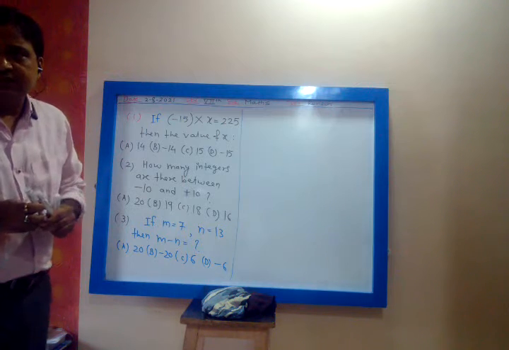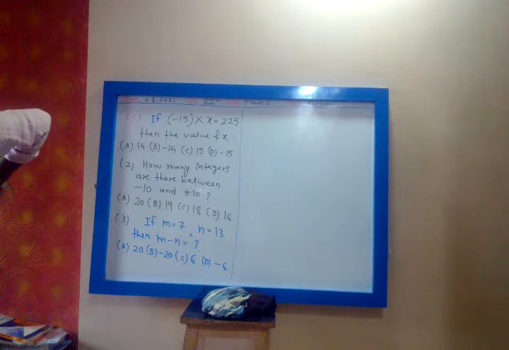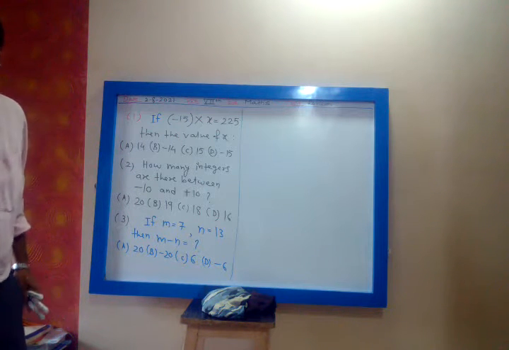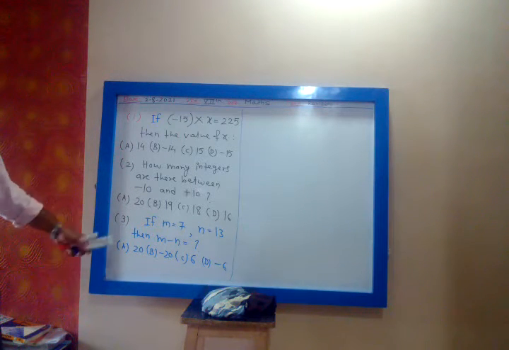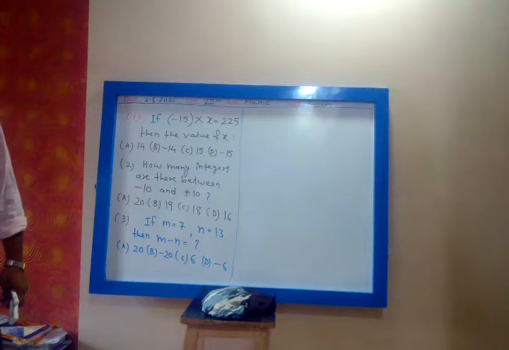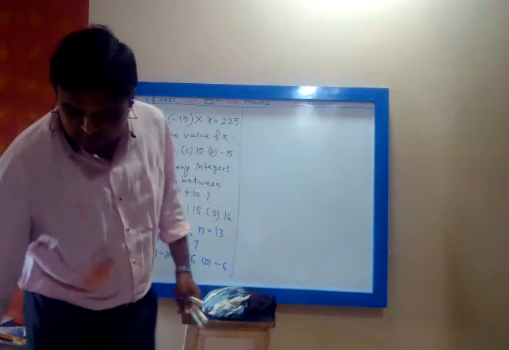Do not tell me the answer. You have to solve this. If m is 7, n is 13, then the value of m minus n is?